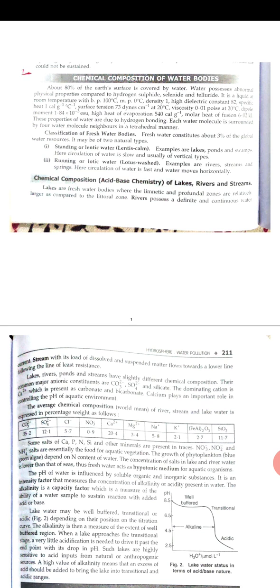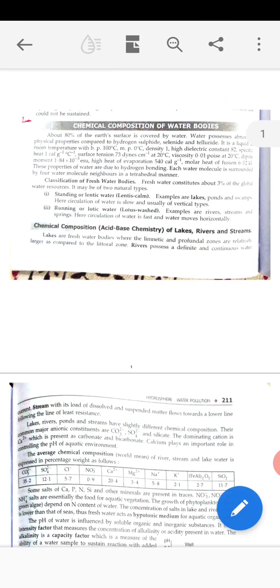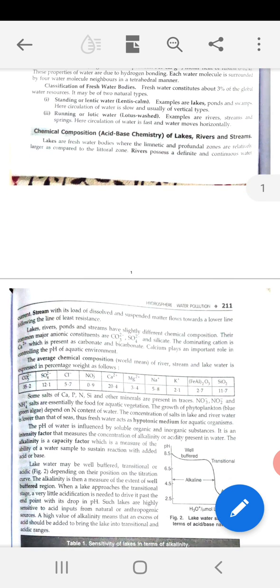Classification of freshwater bodies. Fresh water constitutes about 3% of global water resources. It may be of two natural types. First is standing or lentic water.